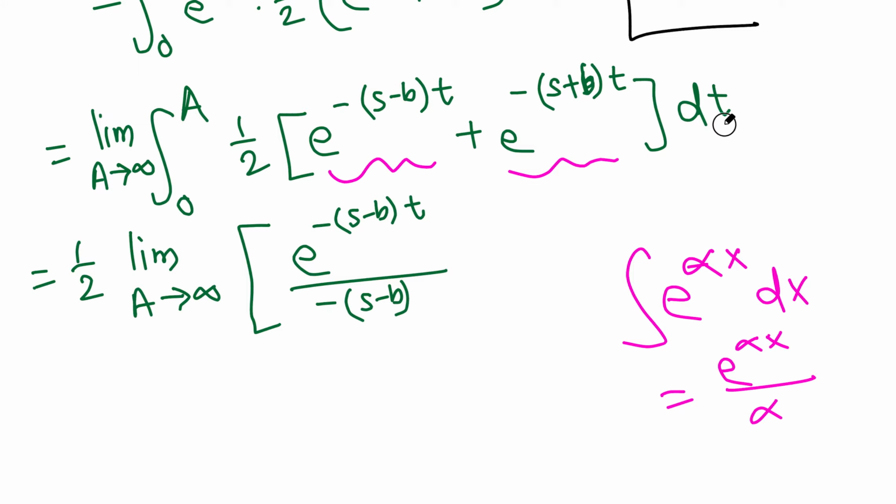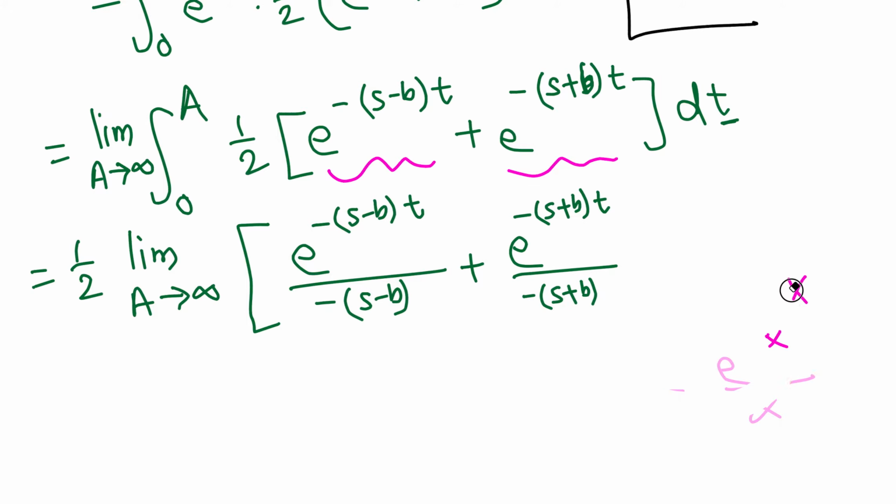Remember, our variable is t, and whatever else counts as constant, so we divide by that. Plus the same thing here, e raised to negative s plus b times t divided by negative s plus b, evaluated from 0 to a.